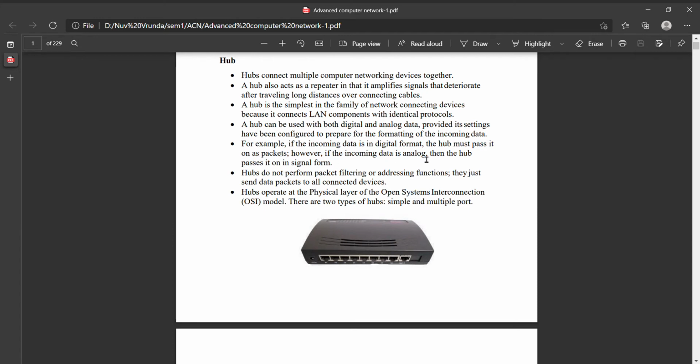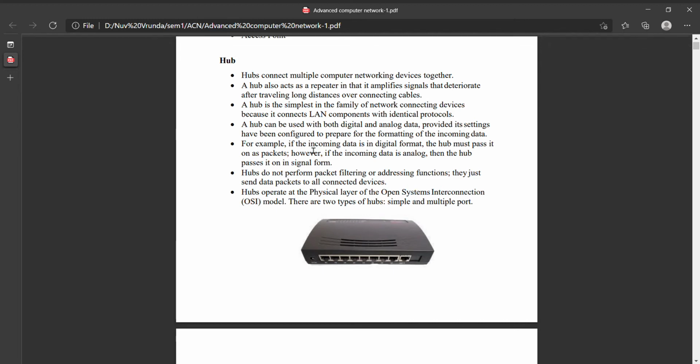However, if the incoming data is analog, then the hub passes it on in signal form. These are all the basic things.